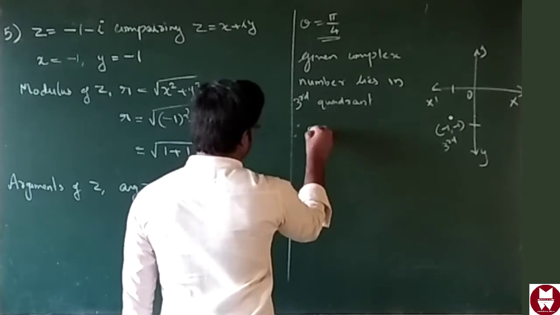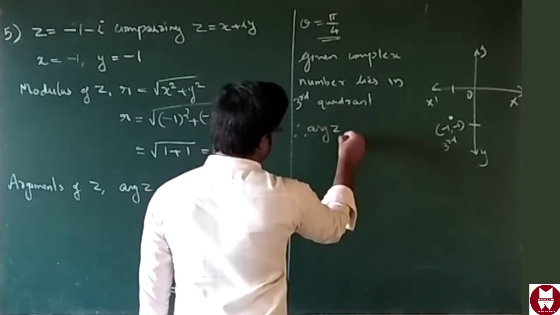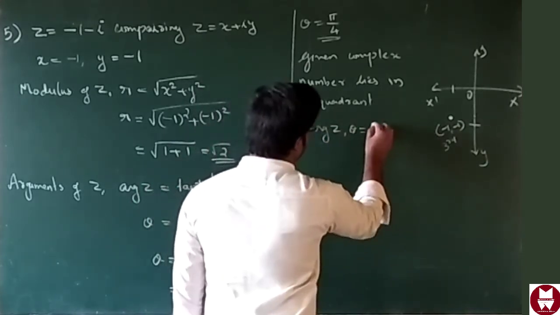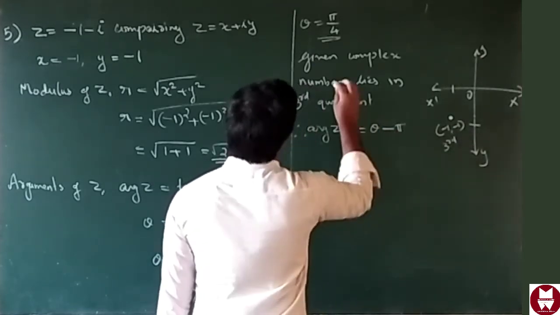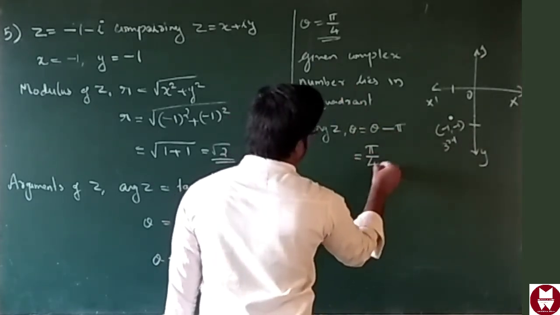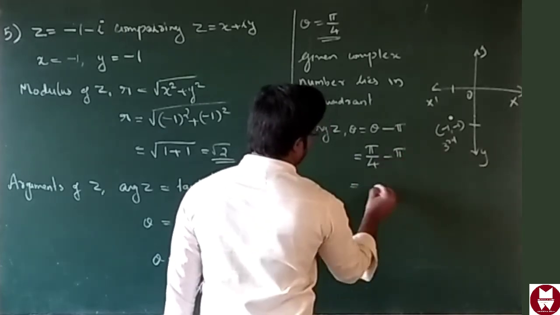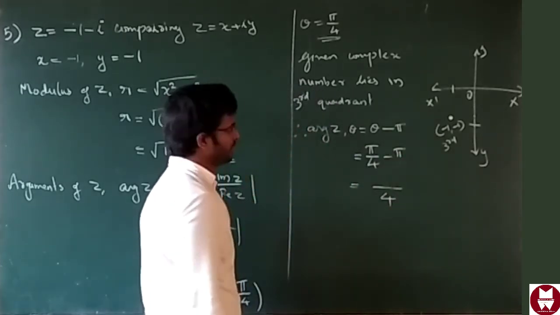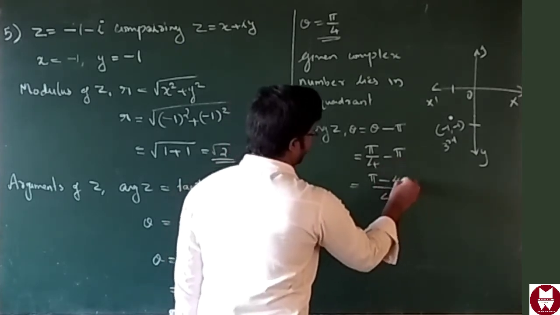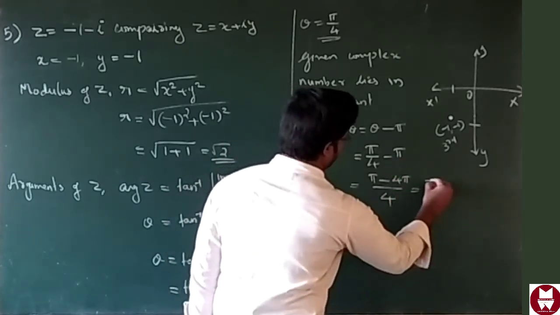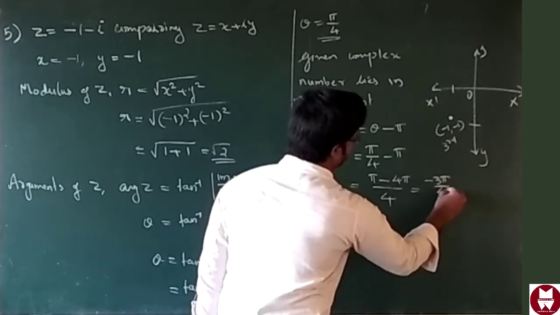Therefore, the argument of z, theta, in the third quadrant we write as theta minus pi. Theta we already got, that is pi by 4 minus pi. Take LCM 4. Then pi minus 4 pi equals minus 3 pi by 4.